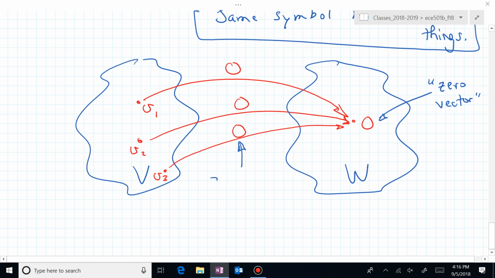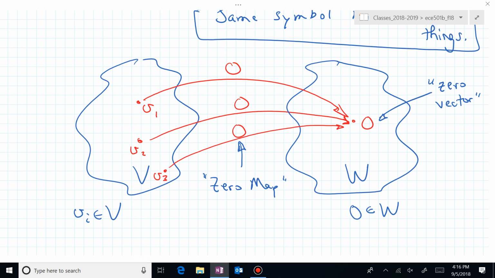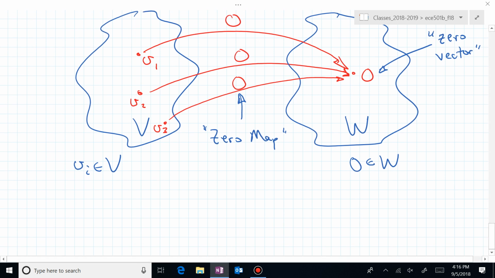So this is now representing the zero map, and these v sub i's, no matter what they are in V, go to 0 in W. That's the picture of the zero map, a linear map.